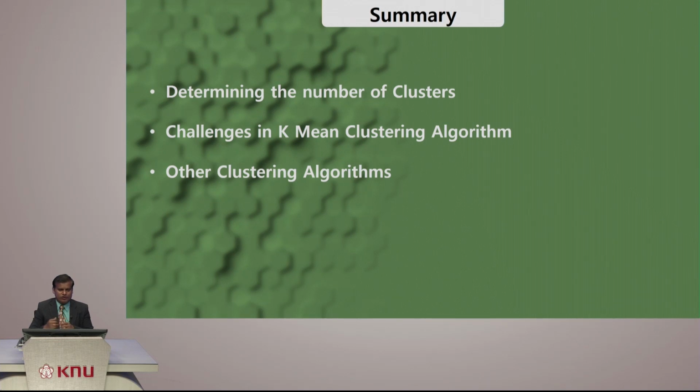Then we discussed other challenges in k-means clustering. Sometimes we don't know the spread or shape of the clusters. At times the shapes are quite different for the data set, and it might not be suitable for k-means clustering to perform its normal task.